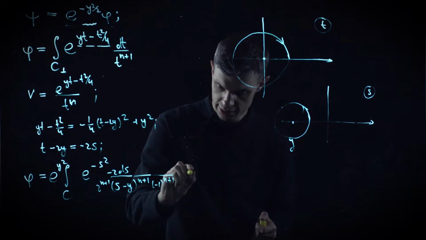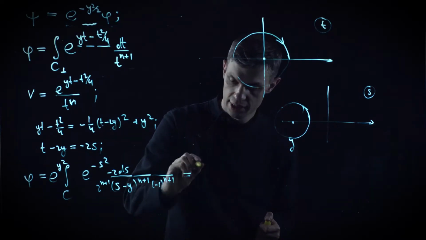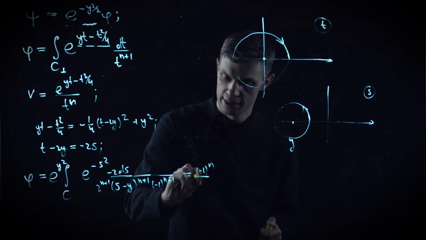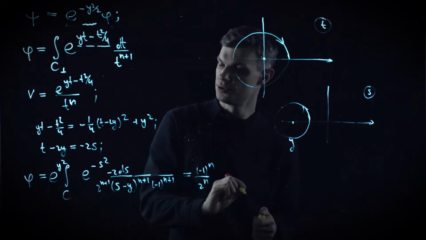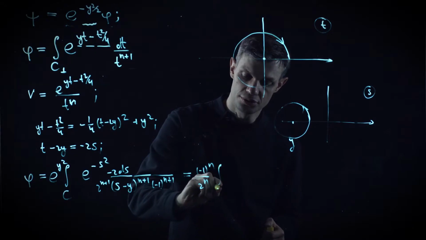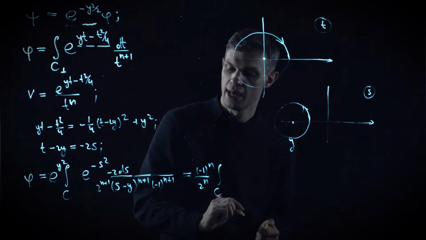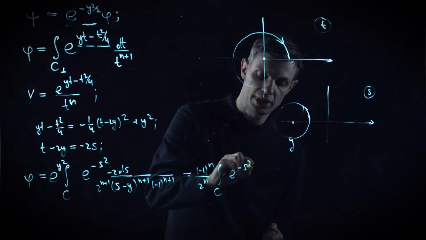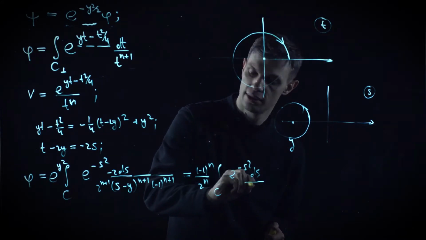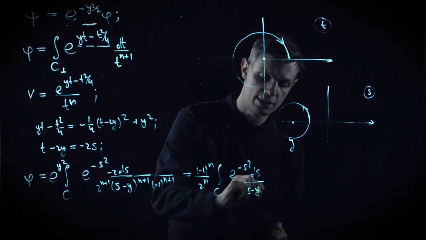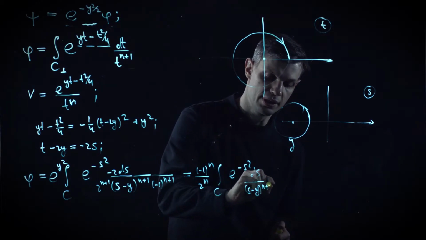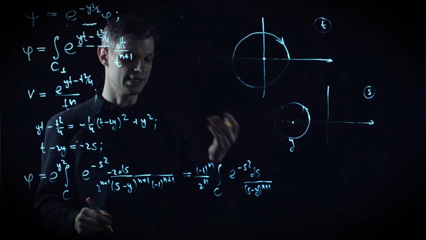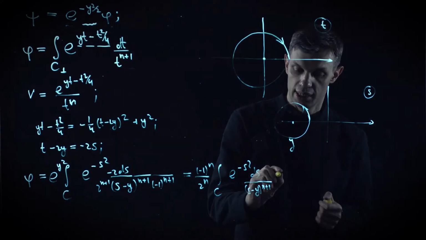So in the end, we'll have (-1) to n divided by 2 to n, and the closed contour integral around the point s equals y, e to minus s squared ds over (s minus y) to n+1. And let's hope that this solution will give us a bounded answer.